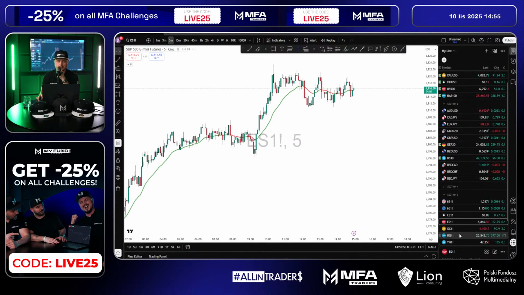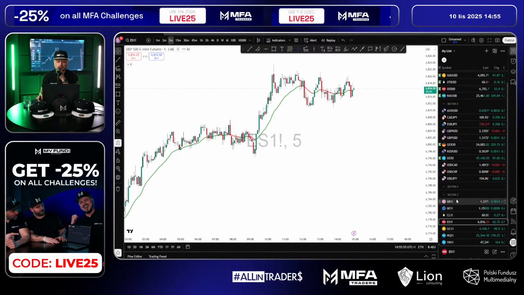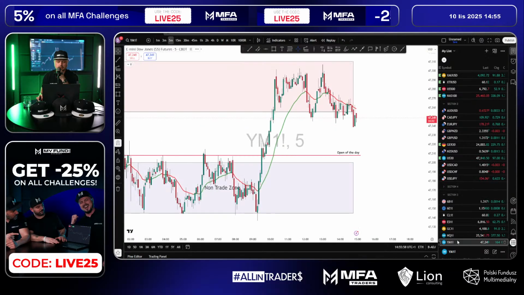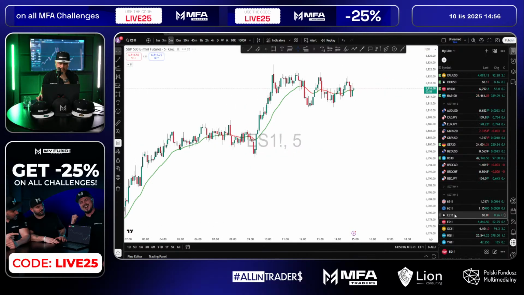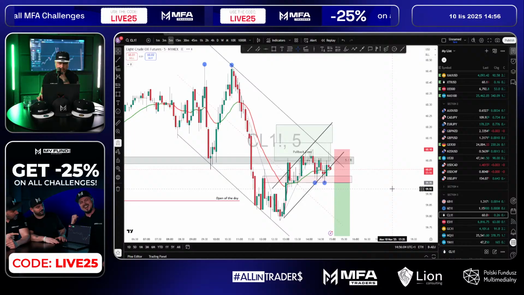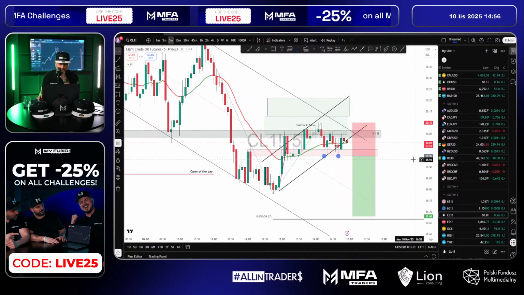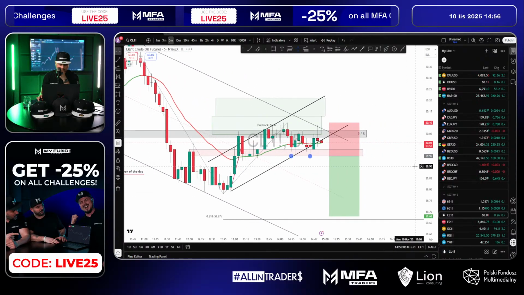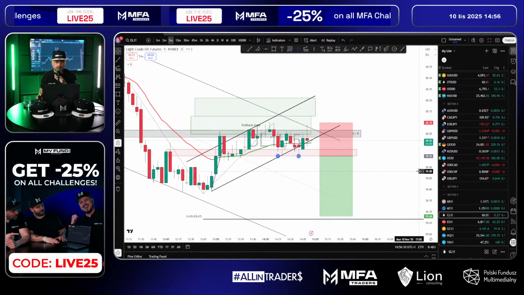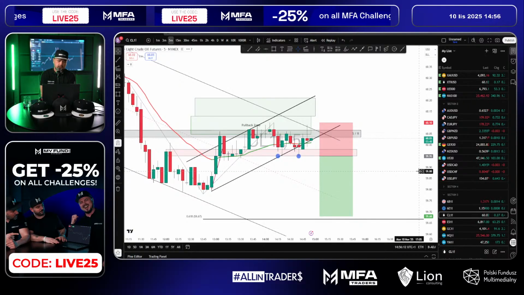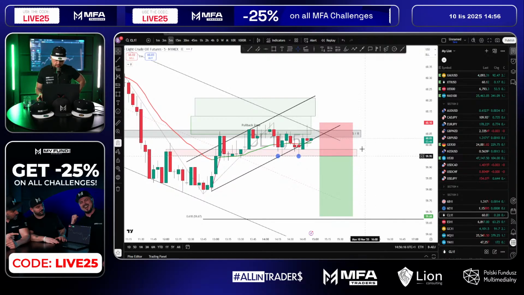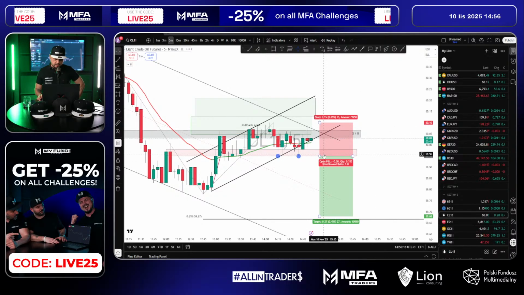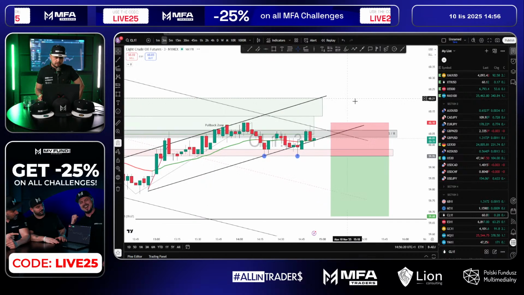Slowly, slowly. Bullish rotation. There was a reaction at the top of rotation channel, which is also good.